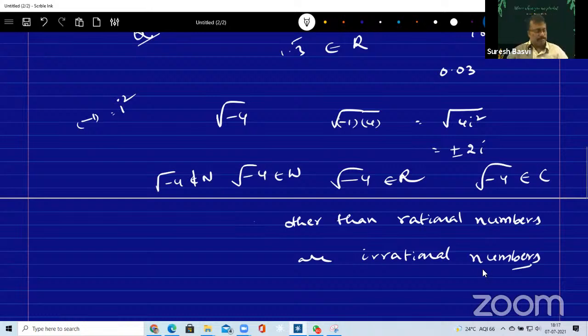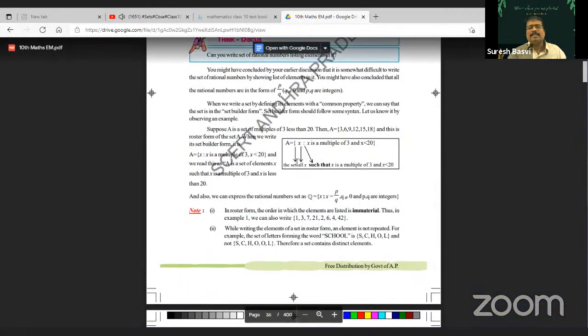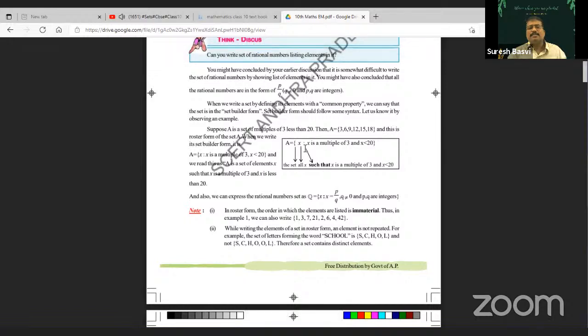Okay, so next, sets are represented in roster form, and also in set builder form. I am going to take another snippet. Yesterday I told this, such that, and the set is represented by x.